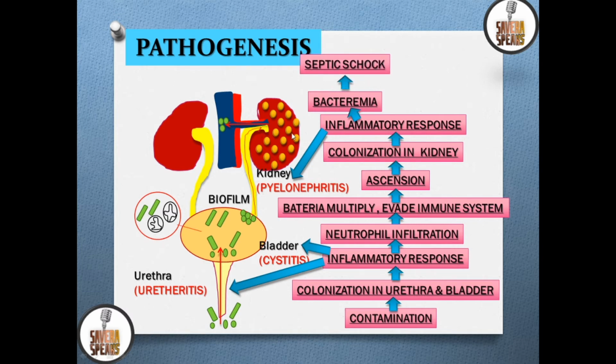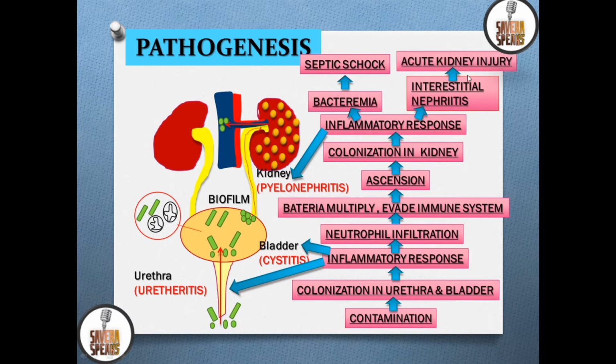And if this inflammatory cascade in the kidney continues, it can lead to interstitial nephritis, which ultimately ends in acute kidney injury. So this was the pathogenesis through the ascending route of infection: the bacteria enters through the urethra and ends in the kidney, causing acute kidney injury.